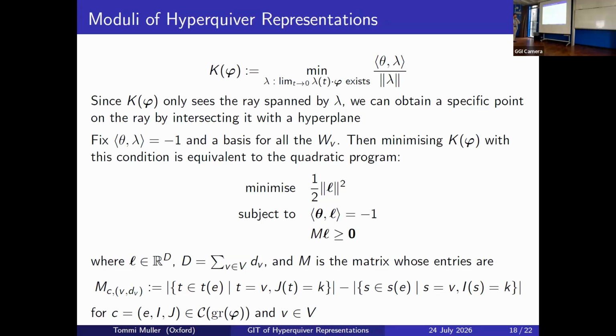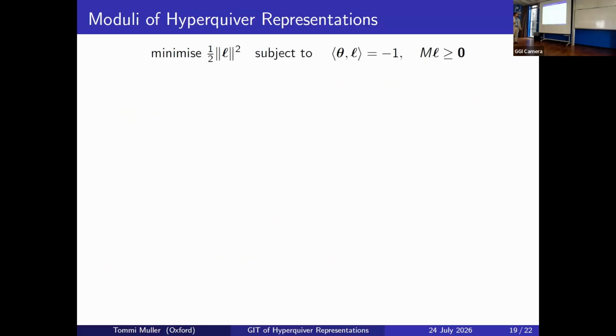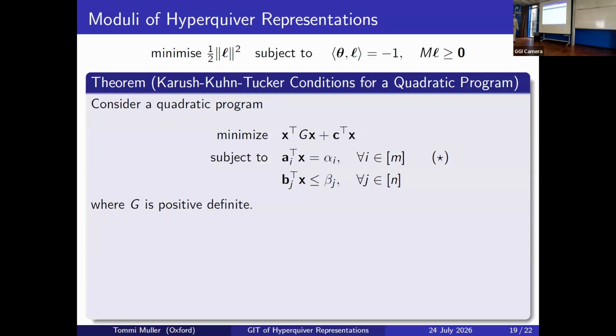So now we can try and solve this quadratic program. How do we do it? We can use something called the Karush-Kuhn-Tucker conditions, called KKT conditions. I'm stating it for a quadratic program, but it's a bit more general.